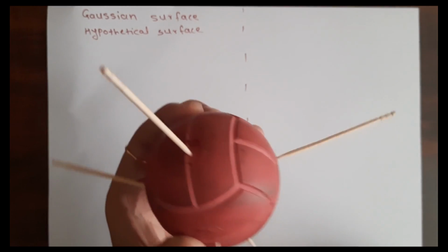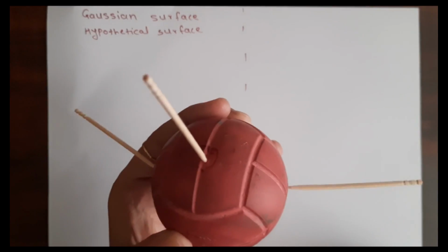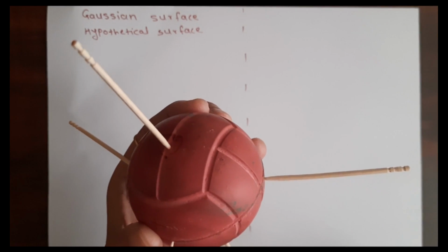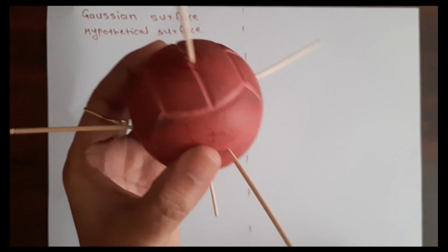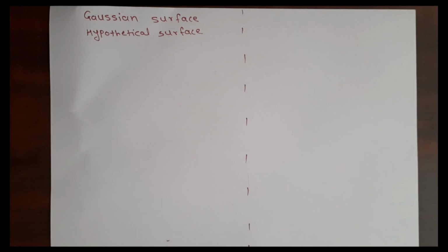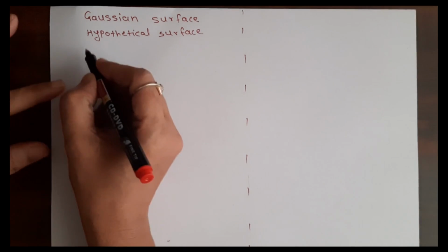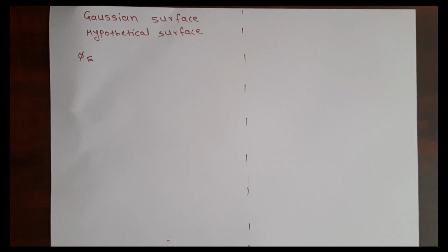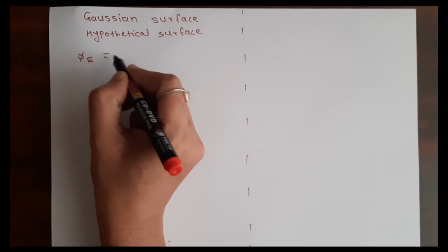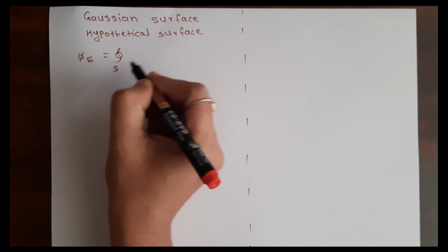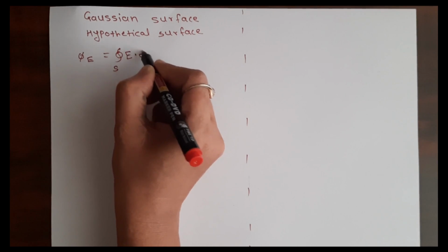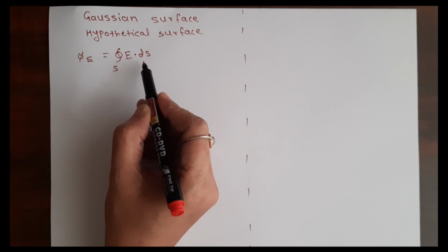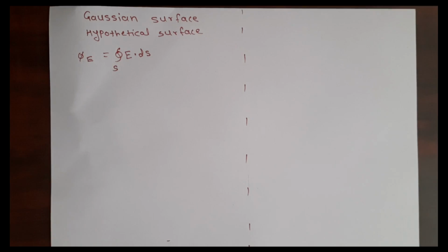Now how to find the electric field on this given symmetry? It is given by the Gauss law. Now we know that electric flux is equal to surface integral of E dot ds, where E is electric field intensity and ds is surface area.